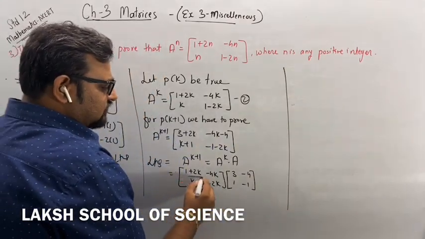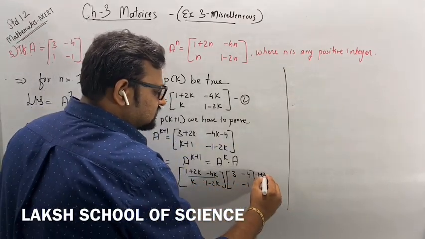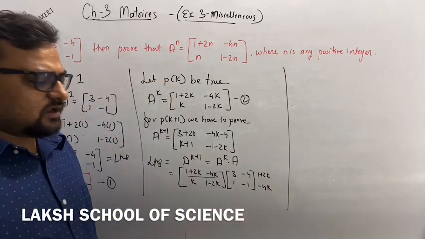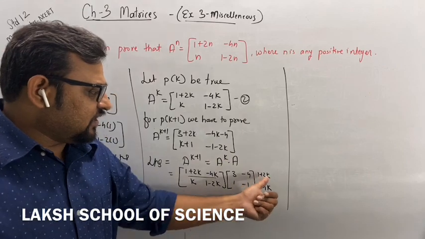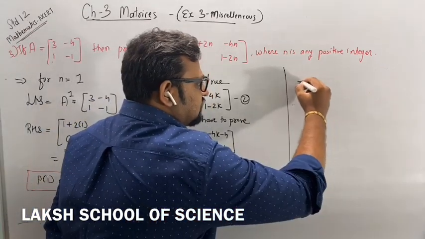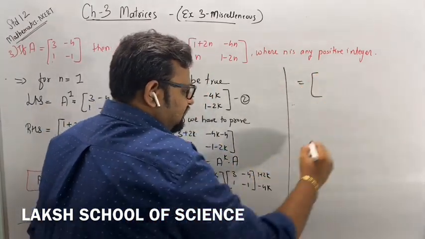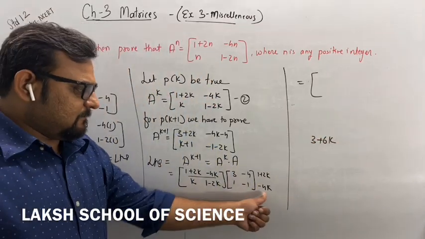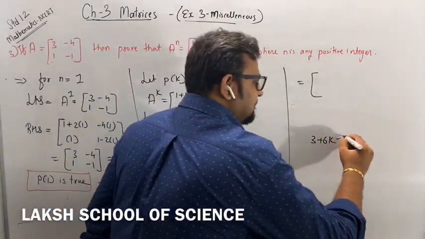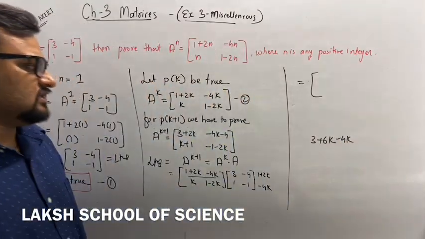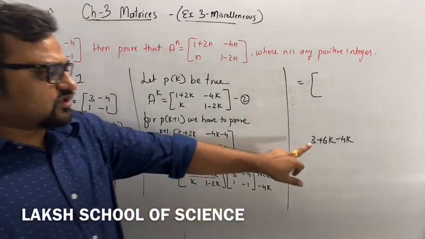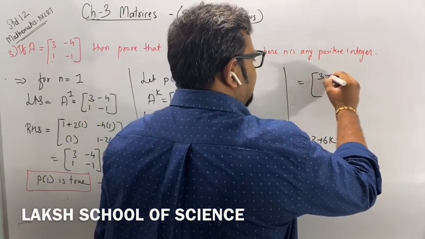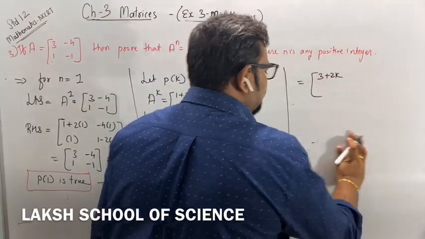So what I will do? I will take the first row: 1 plus 2k and minus 4k. Clear? So let's multiply here in rough. 3 into 1 plus 2k, 3 plus 6k. 1 into minus 4k, minus 4k. So 3 plus 6k minus 4k, 3 plus 2k.